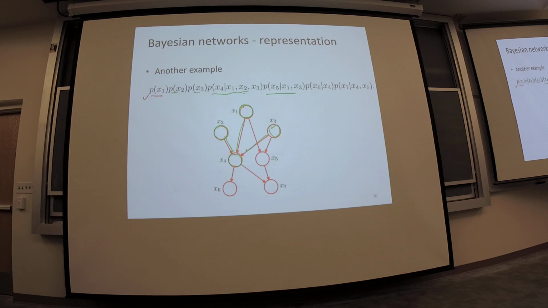That means x1 and x3 are parents of x5, so we connect x1 and x3 to x5. And continue, P of x6 given x4. So x6 only has one parent, so we just connect x4 to x6. And finally, P of x7 given x4 and x5, 2 parents, so we connect x4 and x5 to x7.